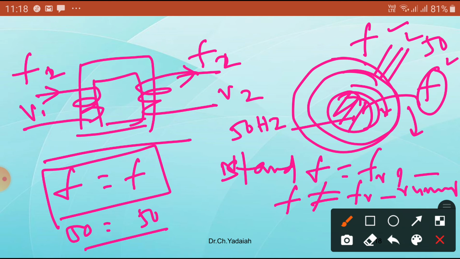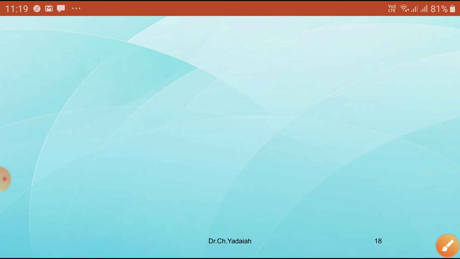Once torque is developed and the rotor starts to rotate, running at some RPM, say 200 RPM, the 50 Hz frequency of the stator is not equal to the rotor frequency. It may be some fraction of 50 Hz. How are we going to find the frequency of a rotor at a given speed? We will see that.